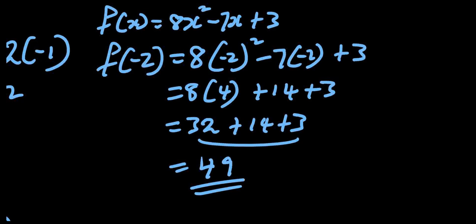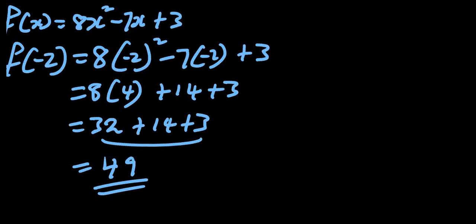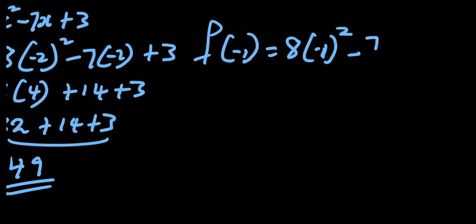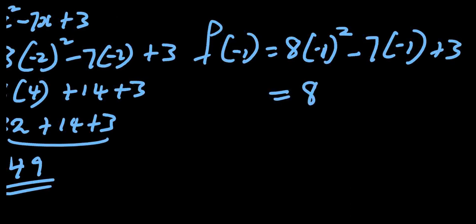All right, let's also take f of negative 1. So for f of negative 1, this will be equal to 8 times negative 1 squared minus 7 times negative 1 plus 3. So negative 1 squared is 1, and 8 times 1 is 8. So we have 8, and negative 1 times negative 7 is plus 7, plus 3.